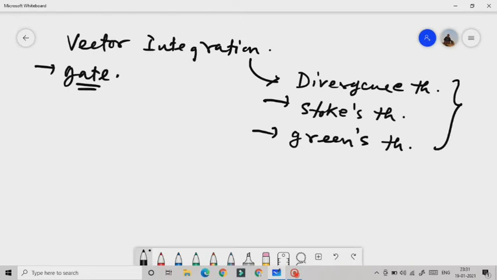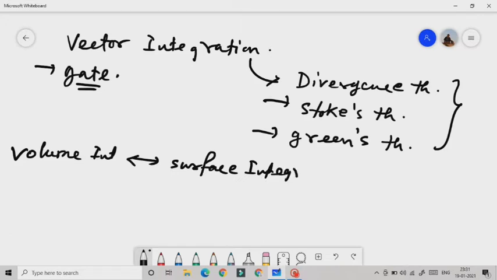These three theorems are nothing but the relation between your volume integral with surface integral, and surface to line integral. How, we will see when we discuss all the theorems very elaborately.